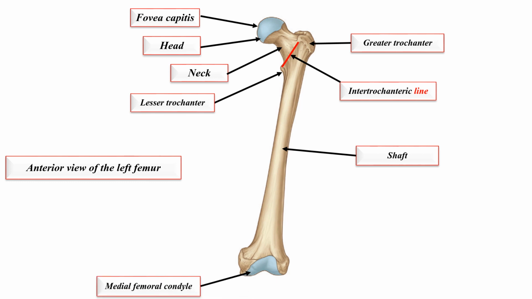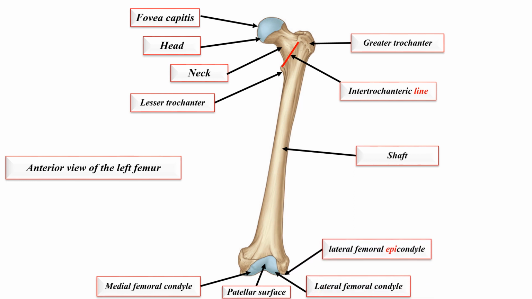The shaft ends into a pair of condyles. This is the medial femoral condyle and this is the lateral femoral condyle. Between the medial and lateral femoral condyles, this is the patellar surface for articulation with the patella.